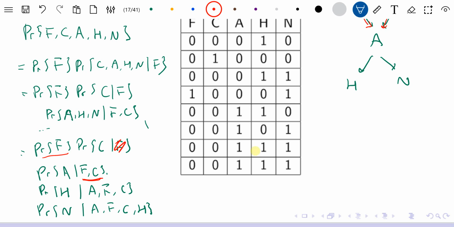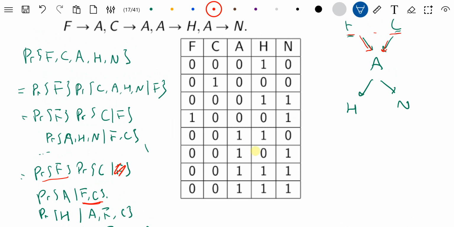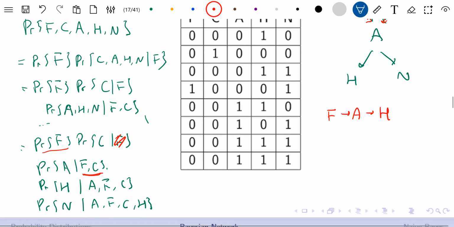And H is independent of F and C because of the causal chain configuration. So for example, F causes A causes H, so F and H are not linked. So given A, they are conditionally independent.